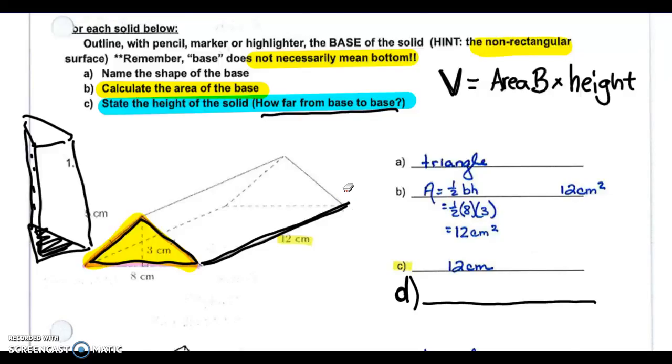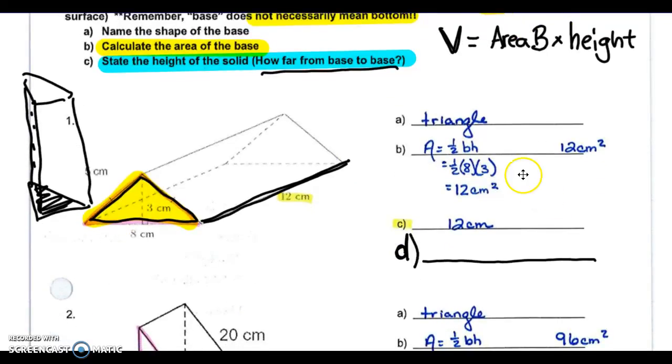So really, in order to find the volume of each of these pieces, we need to take what we found in part B as the area of the base, so in this case it was 12, and we need to multiply it by what we found in part C, which is the height, which was also 12. So 12 times 12 gives me a total volume of 144 centimeters.